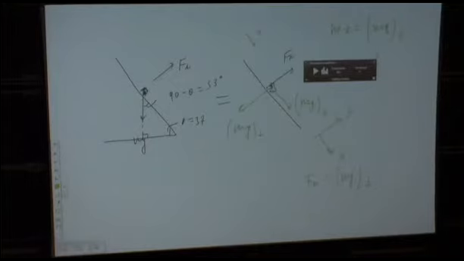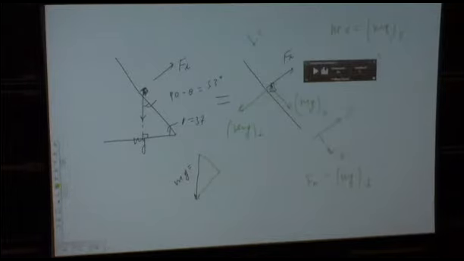So now this arrow represents the force of gravity, and these two arrows represent components.